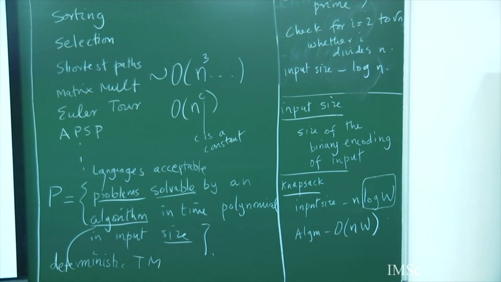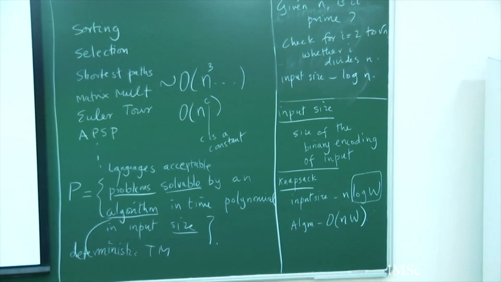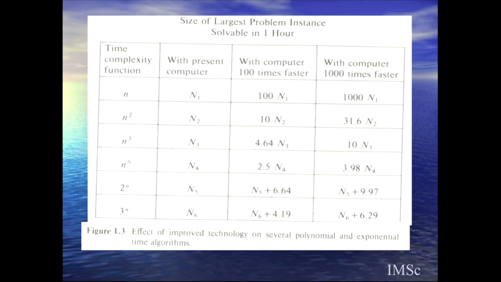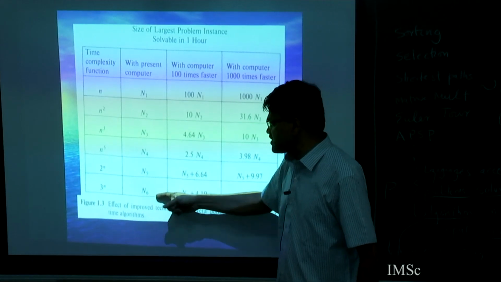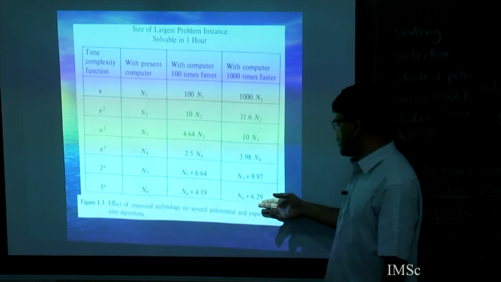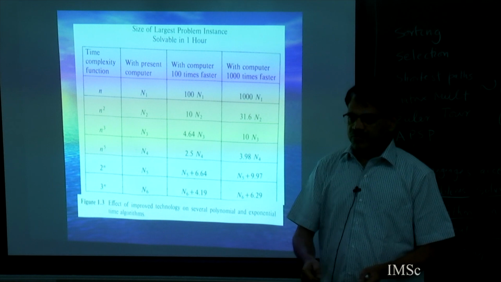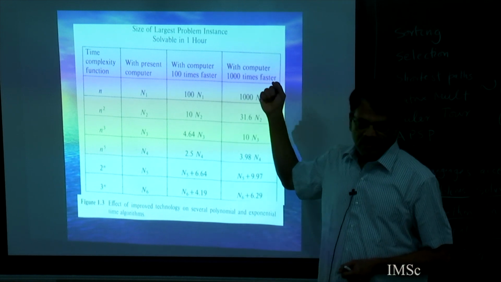Yeah, so here is also another illustration that even if your computers get faster and faster, if you have a computer which is 1,000 times faster than what it is today, and you could solve a problem of size n by this algorithm, with a computer 1,000 times faster you can solve a problem of size n plus 7 in 1 hour.